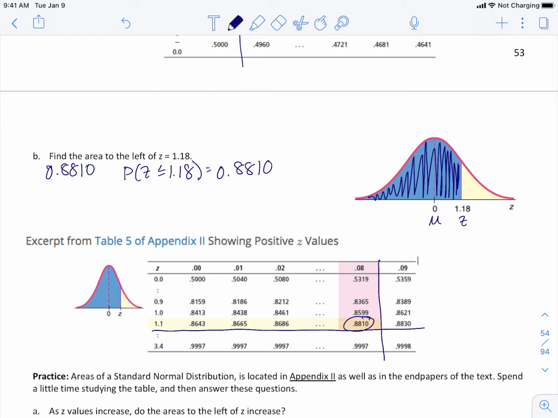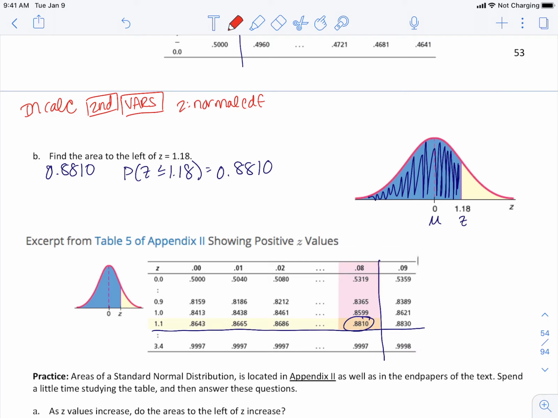Okay, so there is a way that we can do this in our calculator as well. If we go to the same distribution menu, so we hit second distribution, or the VARS key, it takes you to the distribution menu. We have normal CDF, this is choice 2. This is what we can use anytime we're using a normal distribution.